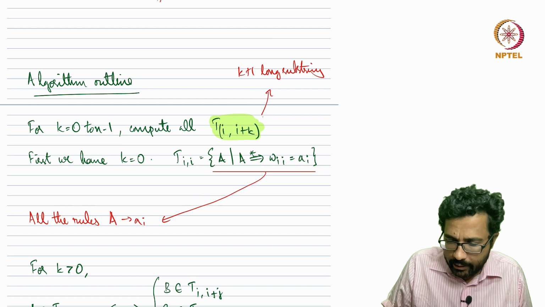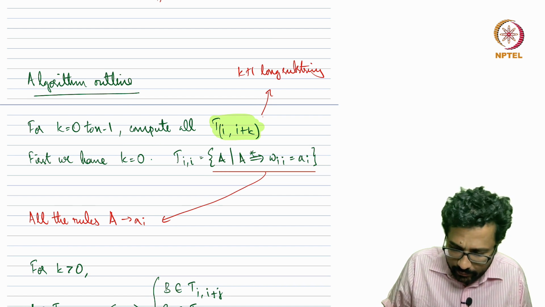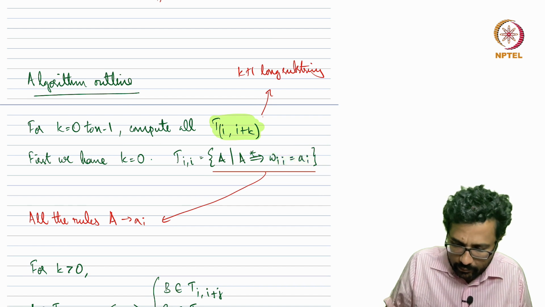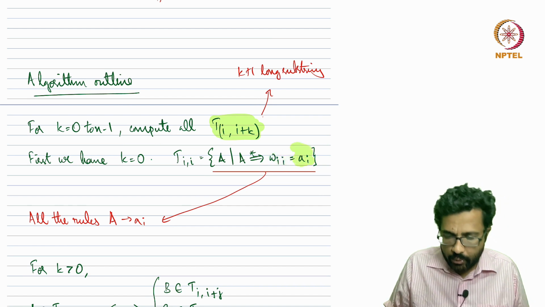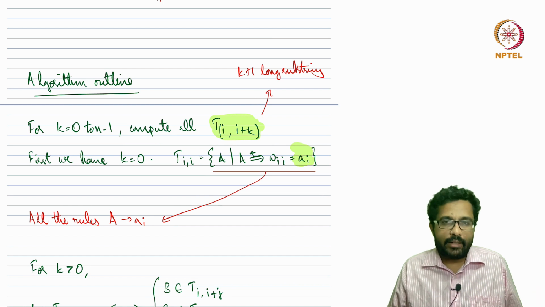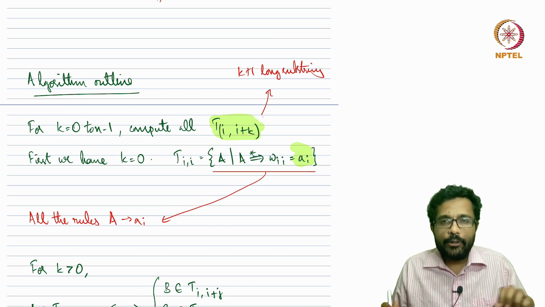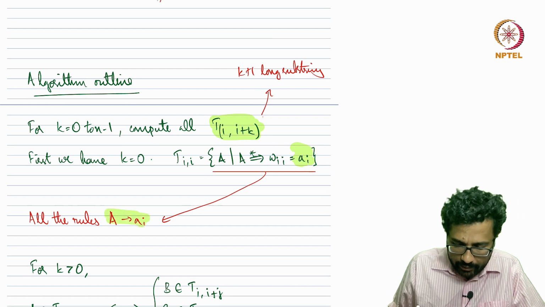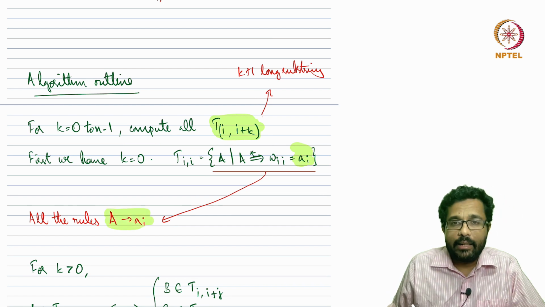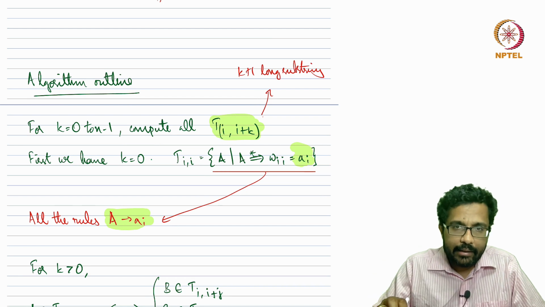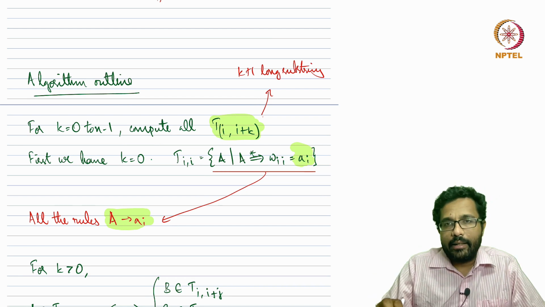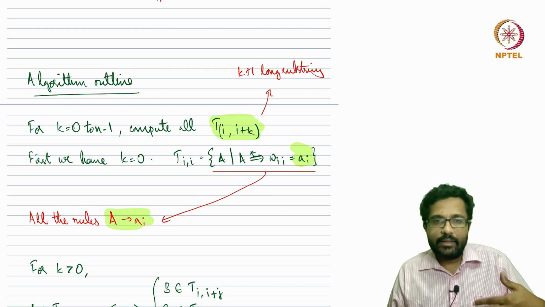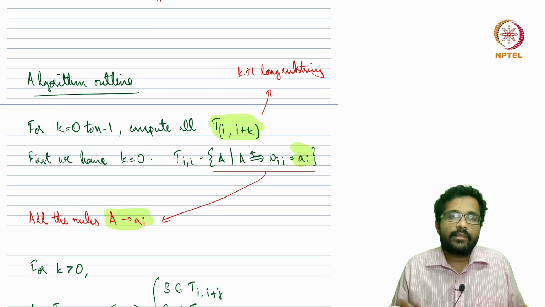So we are asking whether there are variables which generate ai. We know from the structure of the grammar that the only way to generate a single terminal is if there is a rule where some variable A directly yields ai, because if you use more steps, the length of the resulting string is going to get bigger.